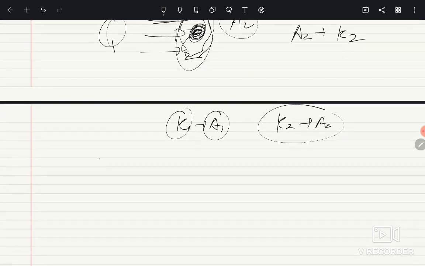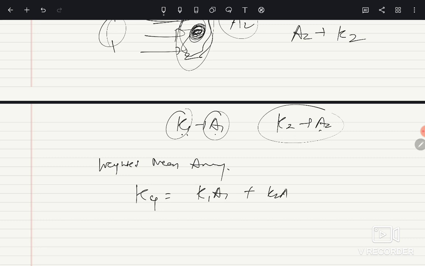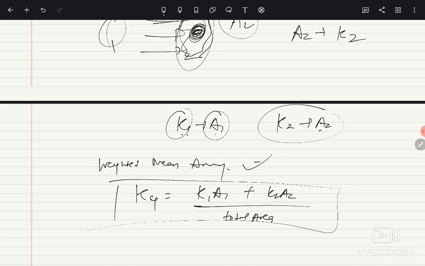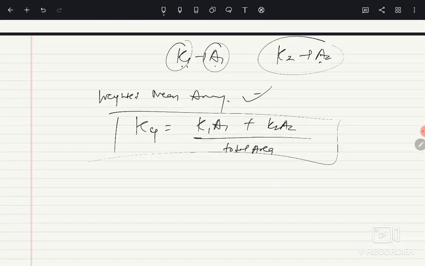We will apply the weighted mean average method, in which the equivalent conductivity is K1 times A1 plus K2 times A2, divided by the total area. This method of calculating the equivalent conductivity is called the weighted mean average method.